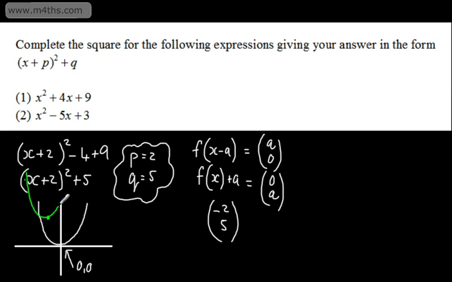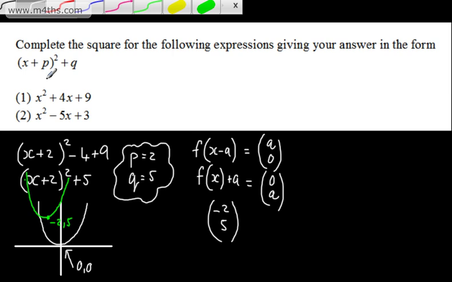We'd have the same shape, we've just moved it 2 to the left and 5 up. So we would say this is negative 2, positive 5. We will look at this more as we go, but I think that's a nice way of looking at it. So this now is the completed square form, and this is what happens to the graph as a result.